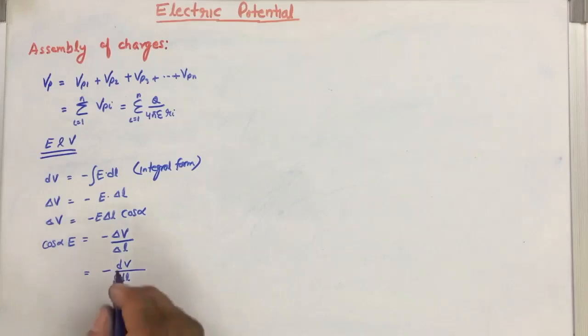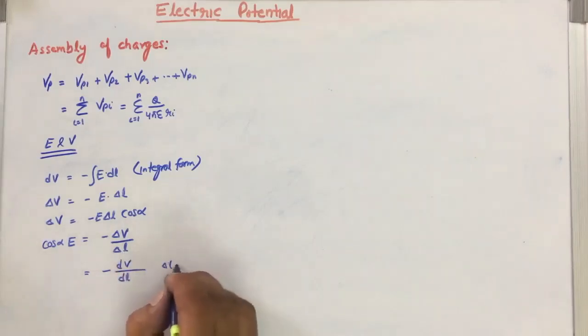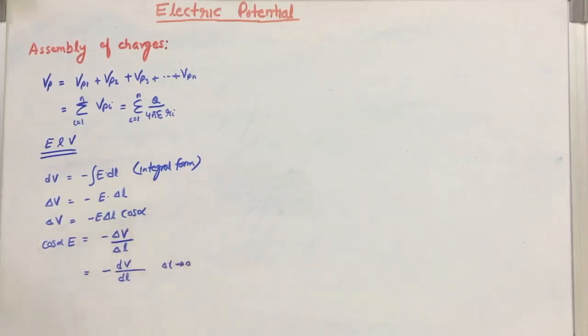This is only when change in length delta L tends to 0. In that case we can say E cos alpha will be equal to minus dV over dl.